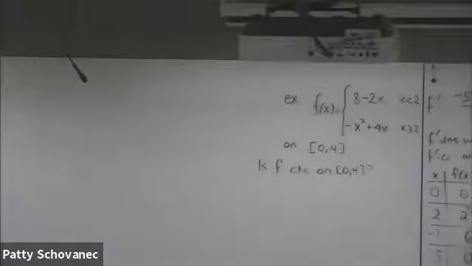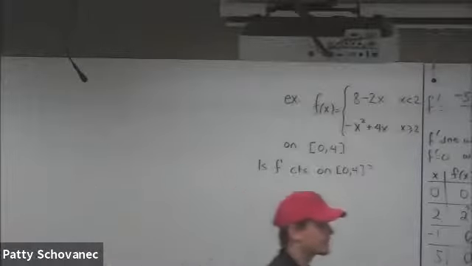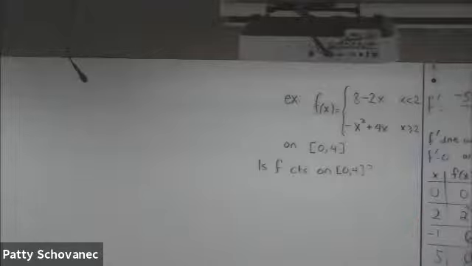So I've got a piecewise defined function. It looks like a straight line segment, 8 minus 2x, when x is a number smaller than 2. And it has that piece of the parabola when x is 2 or more. And I want to just look at the function on the interval from 0 to 4. And so my first question is, is it continuous there?